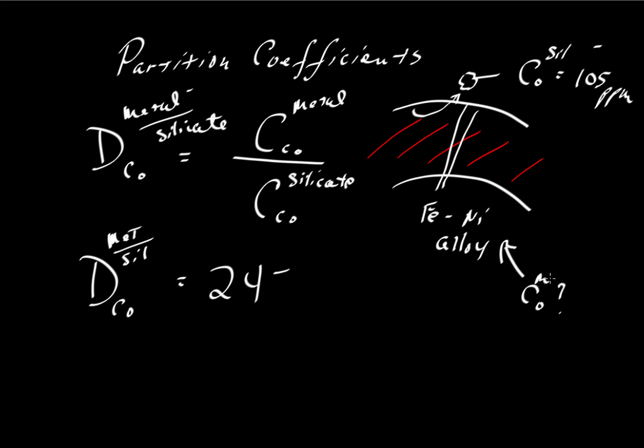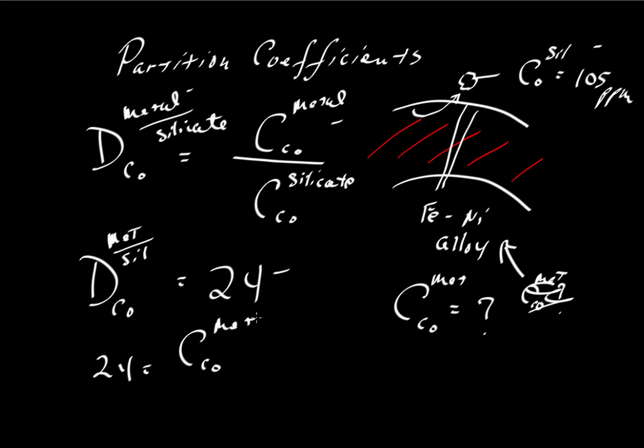So what would be the concentration of cobalt? Let's write that a little bit better. C subscript Co in the metallic core is equal to what? Well, it's going to be this thing here, the top of the ratio. So this value of 24 here is equal to the concentration of cobalt in the metal phase divided by the concentration in the silicate.